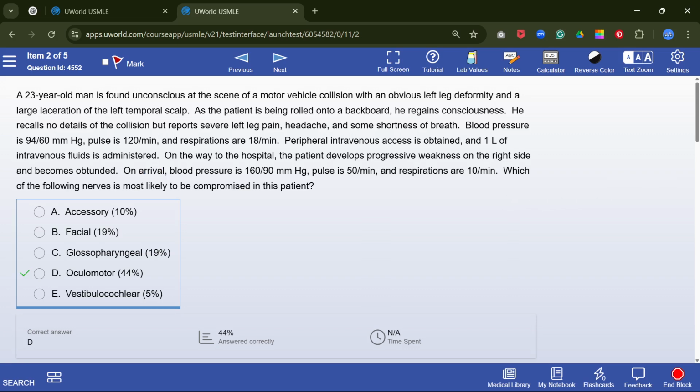Which of the following nerves is most likely to be compressed in this condition? So it looks like it is Cushing triad and the left temporal scalp is injured. So epidural hematoma can happen, and there is ipsilateral cerebral peduncle compression, contralateral hemiparesis.